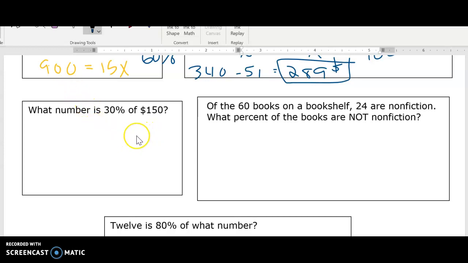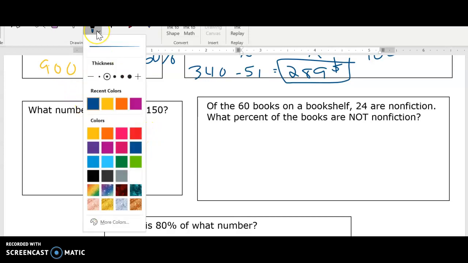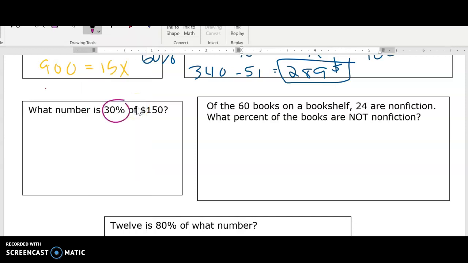What number is 30% of 150? So I have this, which means I have the 30 and I always have the 100. We don't know that, but the whole we do.